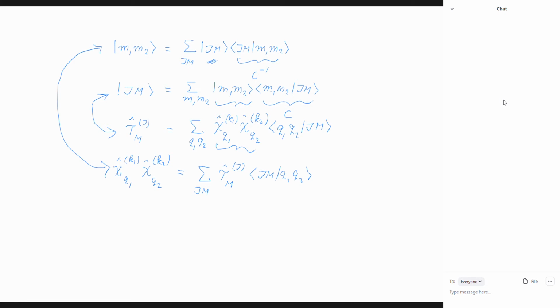In the notes, I worked out explicitly this result using the decomposition formula.